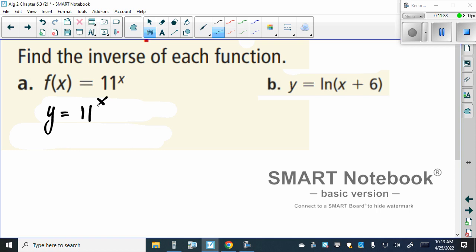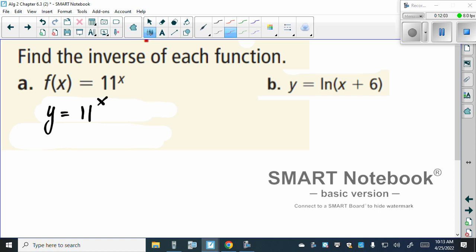Now, this is going to jump a little bit out of order, but I don't care. What did we say whenever we had the log where the base and what's inside the log are the same? They cancel out, yes? So what would happen if I applied log base 11 to both sides of this function?